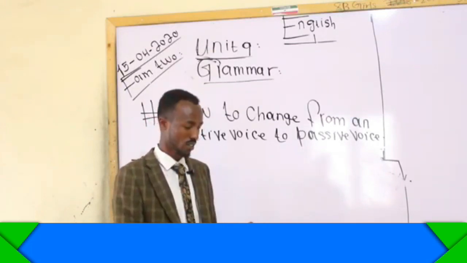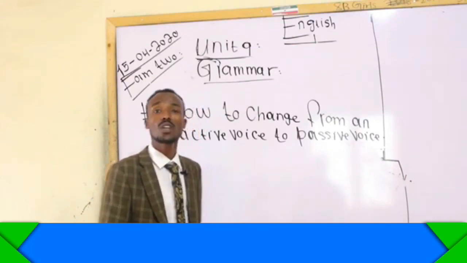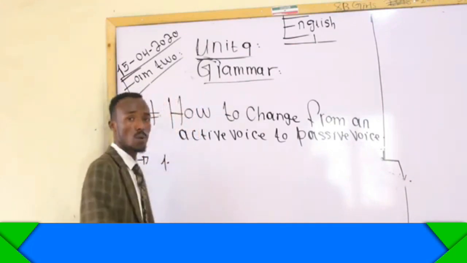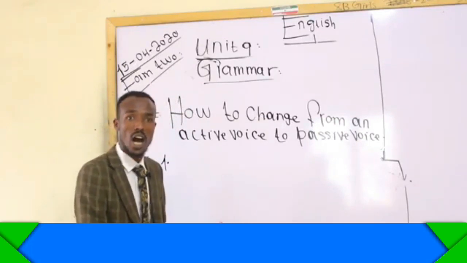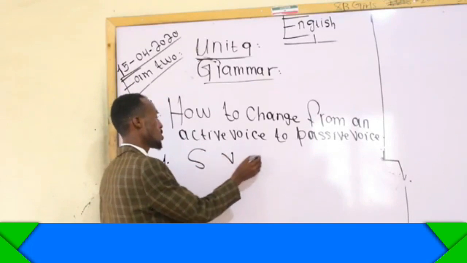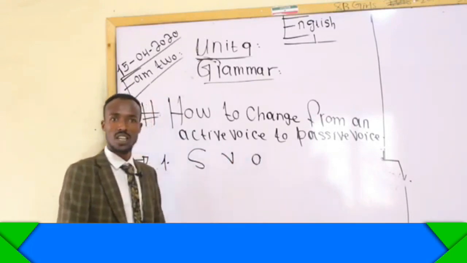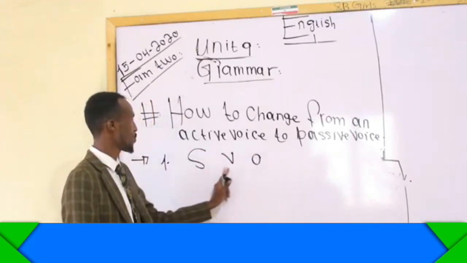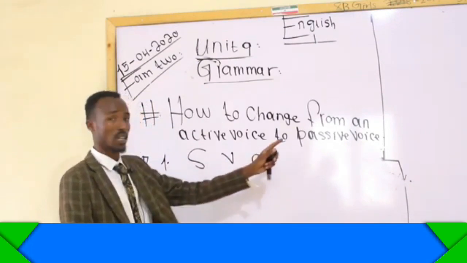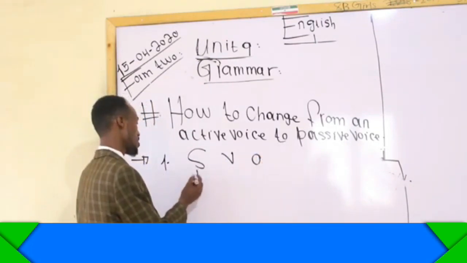This is a simple one. You have to follow these steps. Step number 1, find out SVO, which stands for subject, verb, and object. As I previously told you, S is the subject.